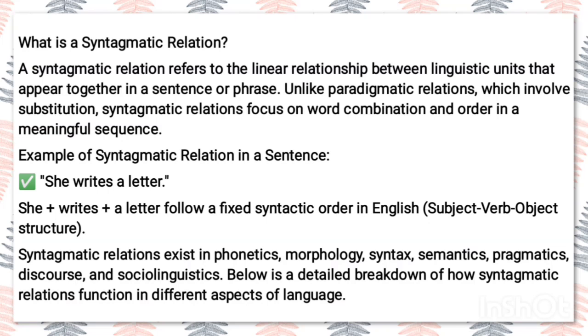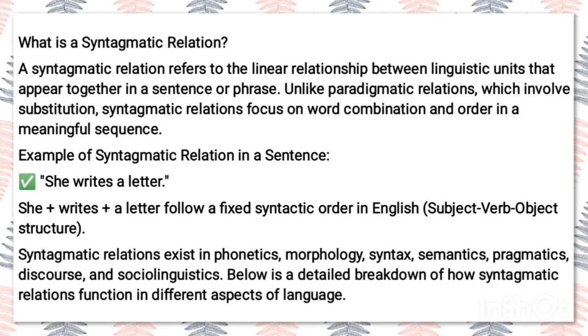A syntagmatic relation refers to the linear relationship between linguistic units that appear together in a sequence or sentence. It focuses on how words, sounds or phrases are ordered and combined to form meaning, and is concerned with how these units follow each other in a fixed sequence. For example, the sentence: she writes a letter.